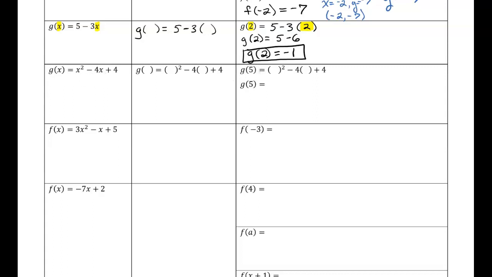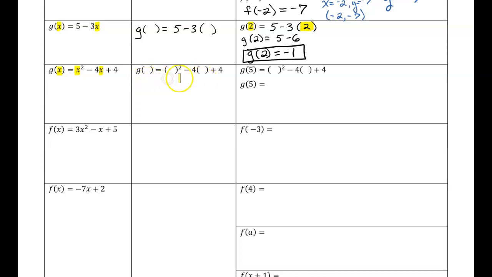So noticing our function here, we have x's in two places, and we have a power, so we're going to use our exponent rules of the order of operations. But even though we have x's in multiple places, that still means we're going to substitute the x variable with whatever they're telling us to plug in.